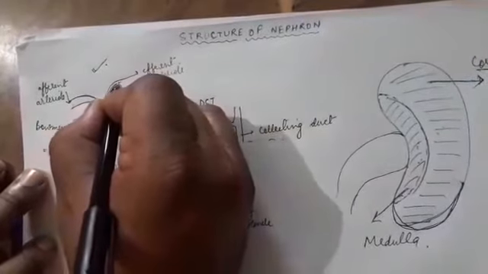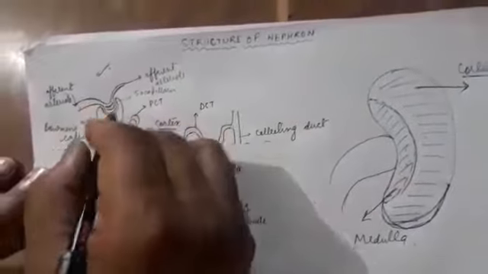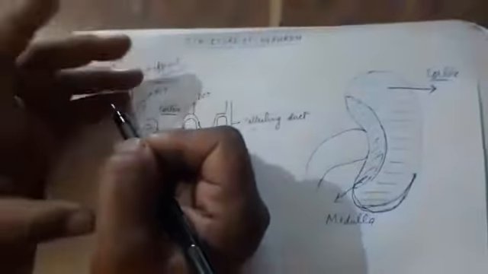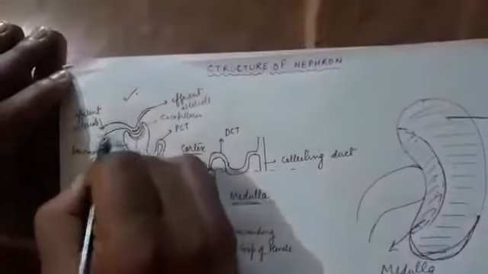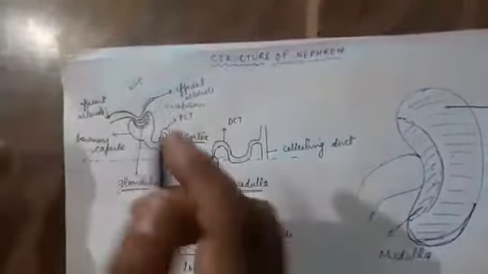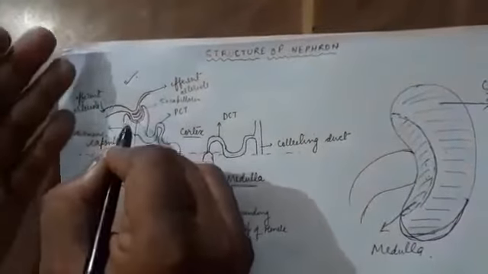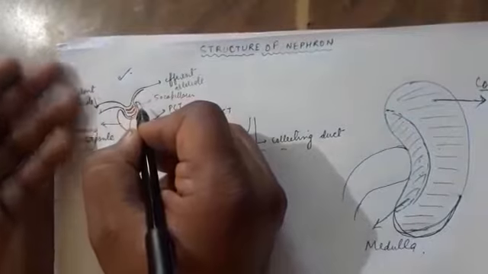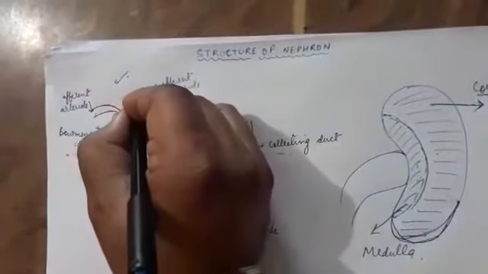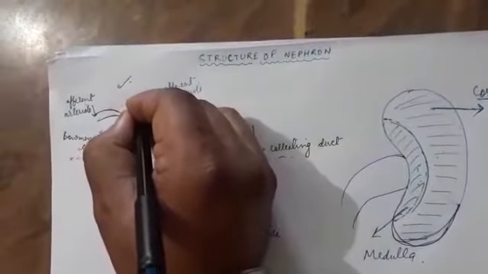Why does the size reduce? Because the filtration taking place over here is under pressure. If the diameter of this arteriole is broader, obviously the pressure will be less, so after coming out from the Bowman's capsule the size reduces to increase the pressure.